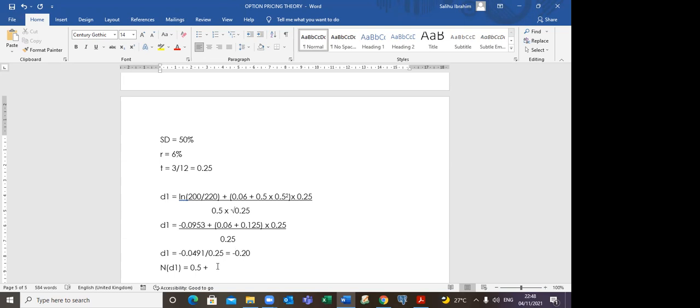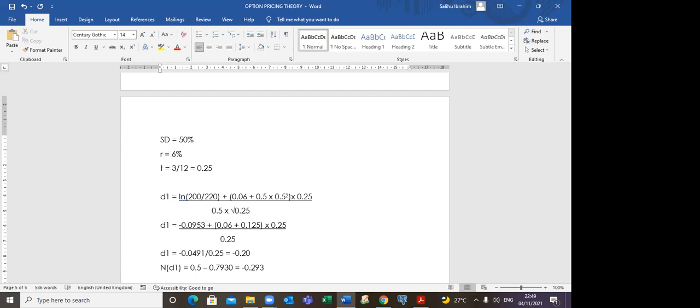So that's going to be minus 0.0793. Remove it from 0.5. What do we have? Minus 0.293.